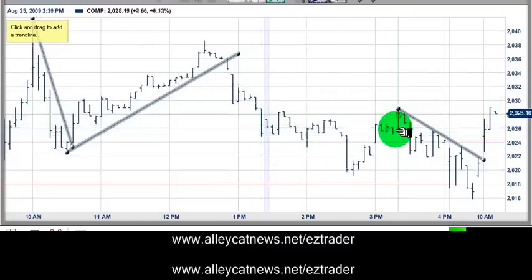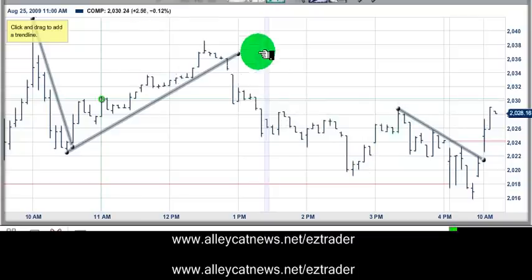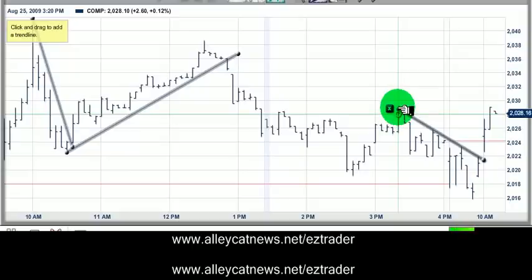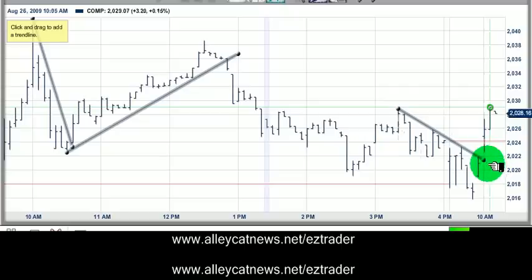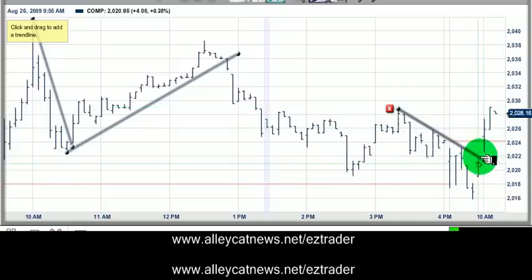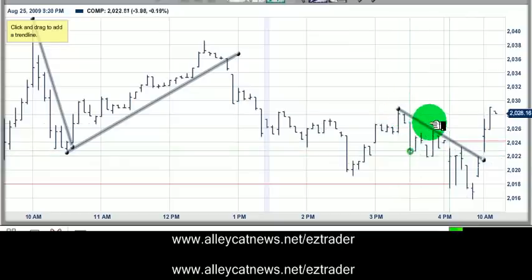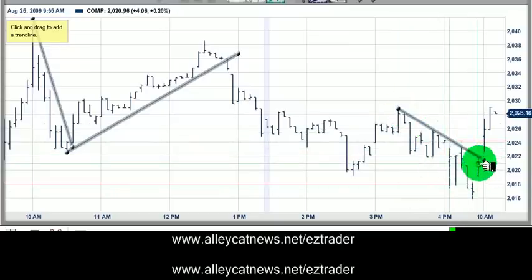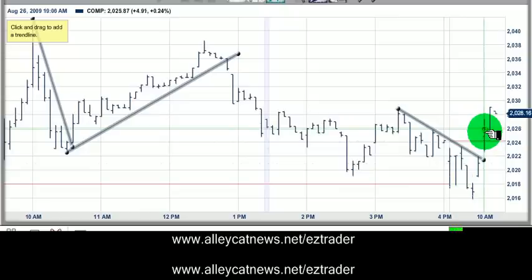This is all based on a 5-minute chart of the NASDAQ, if I didn't mention that before. This next one is drawn from yesterday's 3:20 high, all the way into some of this morning's action. You can see the trend line hits it here a couple of times, hits it here, and then comes up and breaks free.